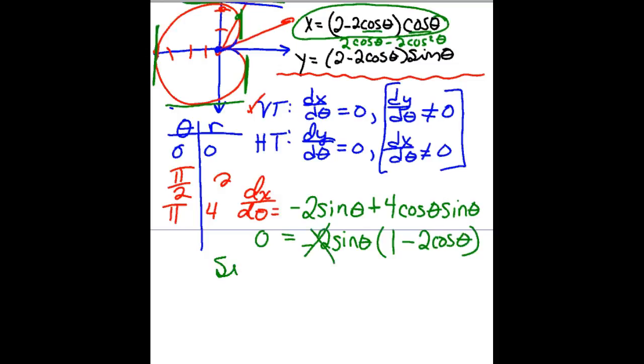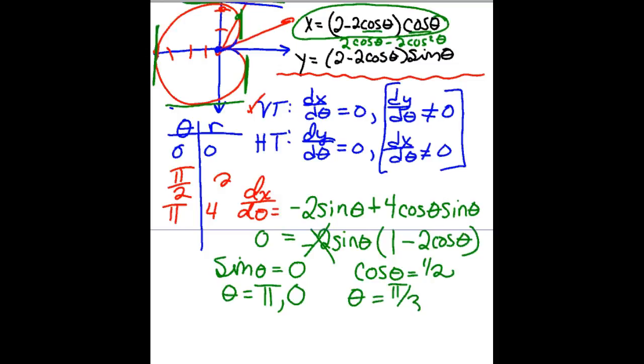So either the sine of theta equals 0, and that would occur when theta is equal to pi, or 0. All right, so I've got two candidates there for vertical tangent lines. Also, I have to find out where cosine theta is equal to 1/2. And we know that that occurs at pi thirds and at 5 pi thirds.